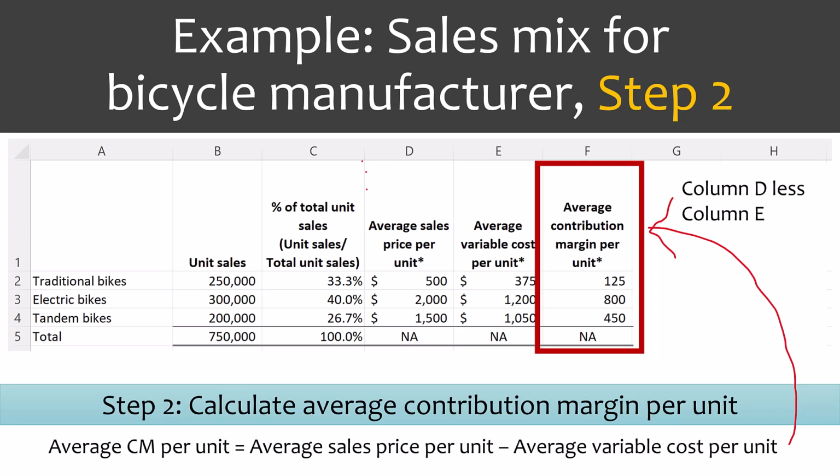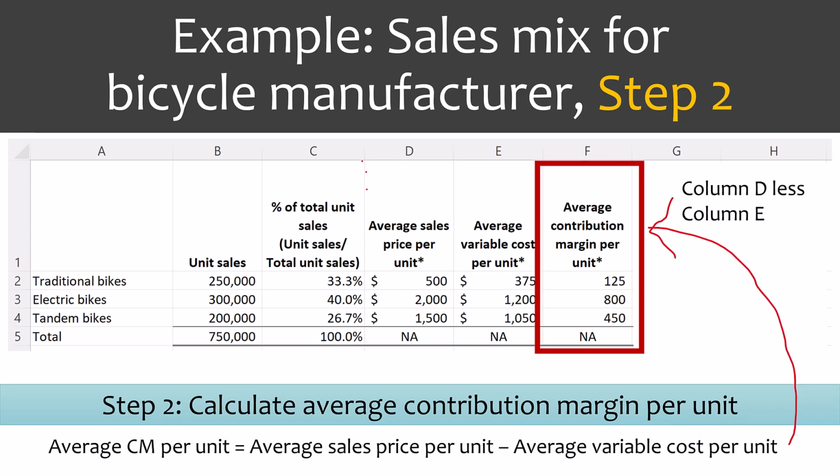Next up, for step two, we're going to calculate the average contribution margin per unit for each product group. To do that, we're going to take our average sales price per unit, which is in column D, and subtract the average variable cost per unit. So for traditional bikes, our average contribution margin is $125. That is the $500 sales price minus the average variable cost per unit of $375.